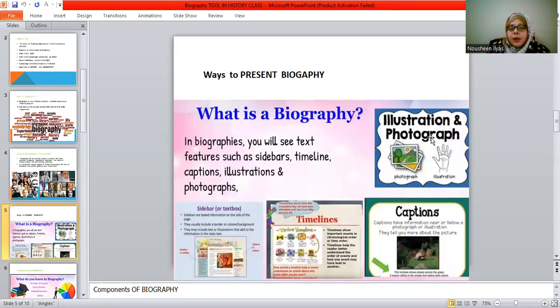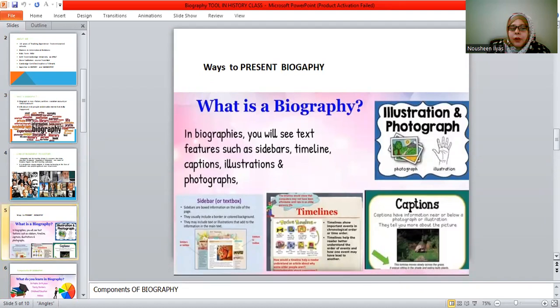So a biography is not only in illustration and paragraph form. It is in captions, timelines, and a sidebar in a textbook. For high level, they will use this method. So these are just three to four examples. There are so many ways to present a biography.